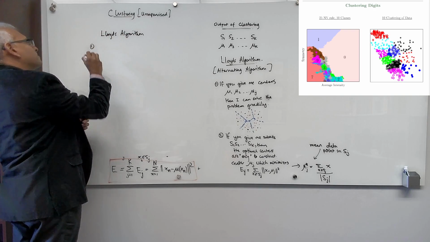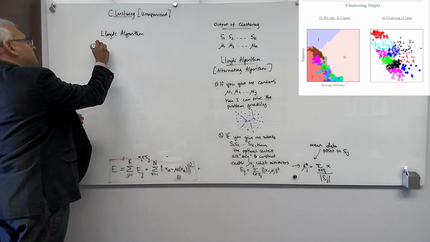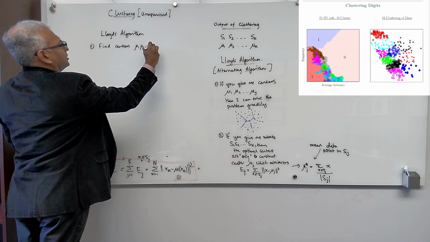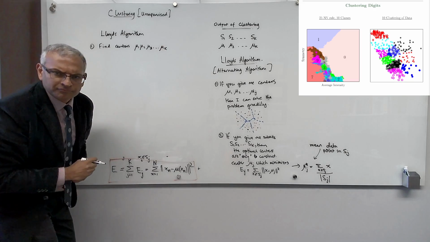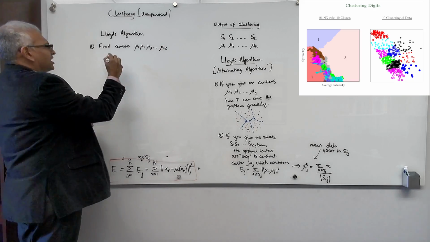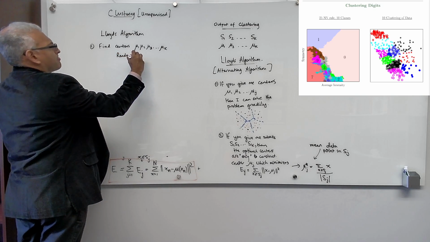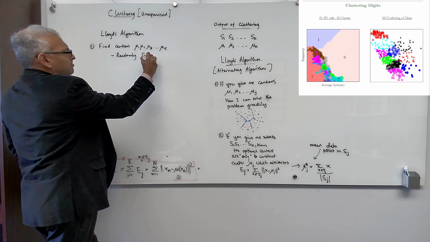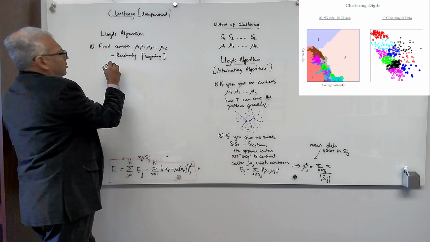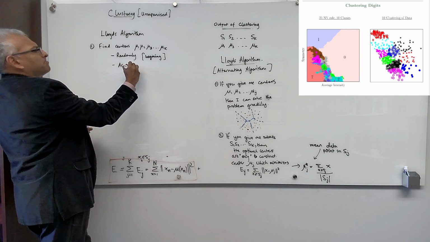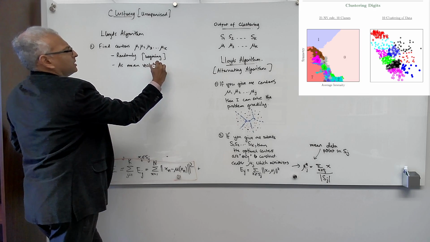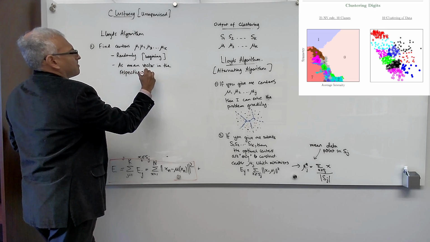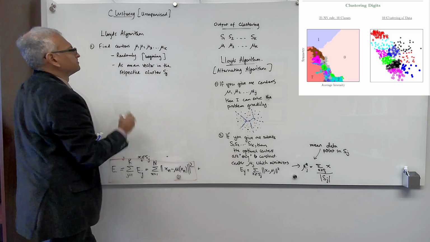Step 1: find centers mu1, mu2, mu3 up to mu k. How? If it's the beginning of the algorithm, randomly, or otherwise as the mean vector in the respective cluster Sj.